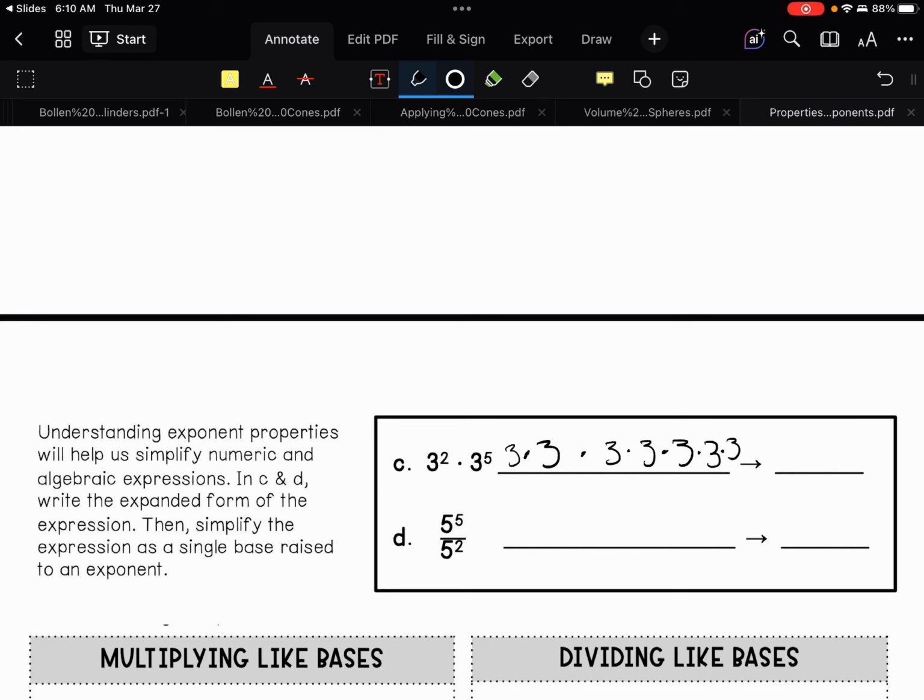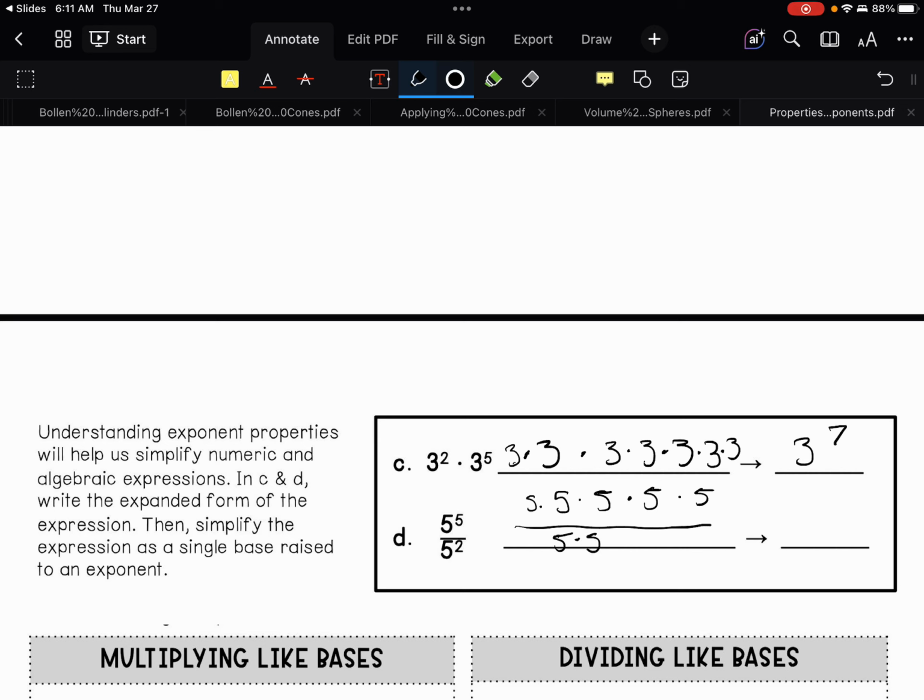So 3 to the second times 3 to the fifth. So in total we get 3, 1, 2, 3, 4, 5, 6, 7 times. So we have 3 to the 7th. Here we have 5 to the 5th times 5 to the 2nd.